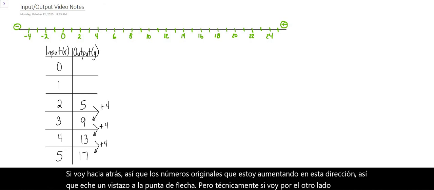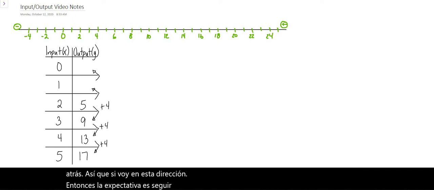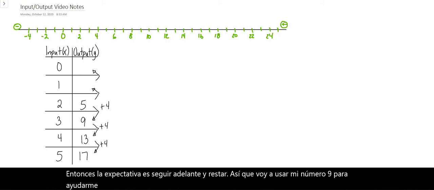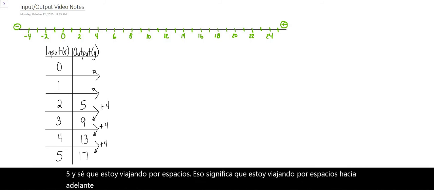So if I go in this direction, then the expectation is to go ahead and subtract. So I'm going to use my number line to help me out with this. So I know I have 5, and I know that I'm traveling 4 spaces. That means I'm traveling 4 spaces forward, and I can also say that I'm traveling 4 spaces backward.